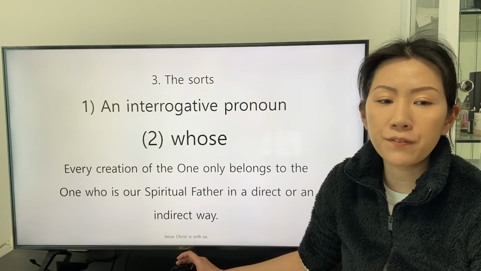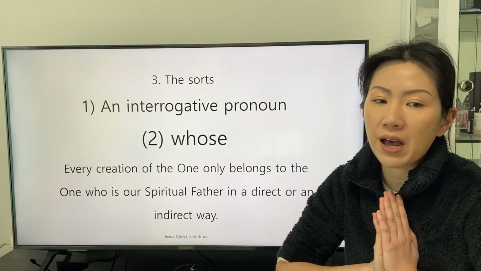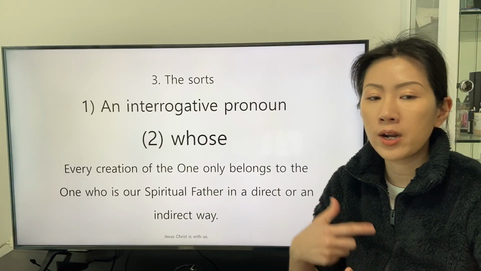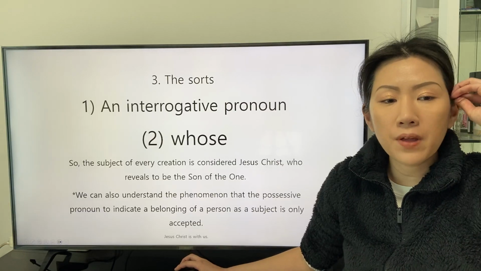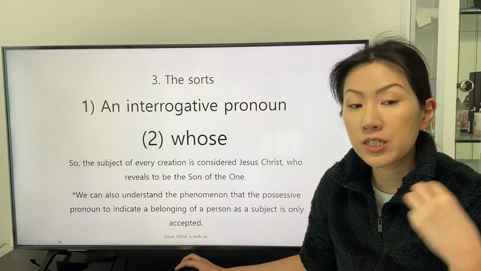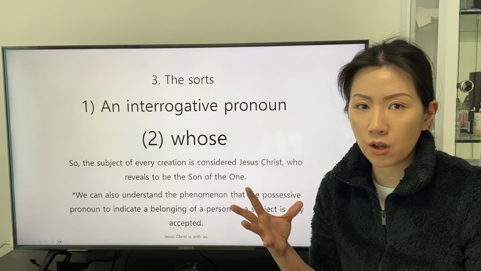Every creation of the One only belongs to the One, who is our spiritual father in a direct or indirect way. So the subject of every creation is considered Jesus Christ, who reveals to be the Son, the only Son of the One.